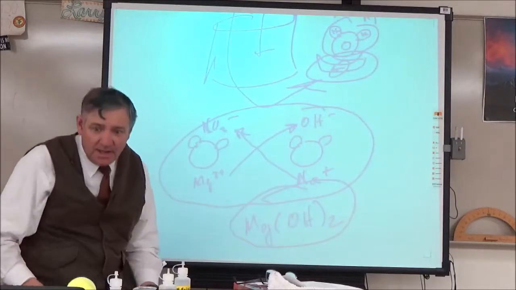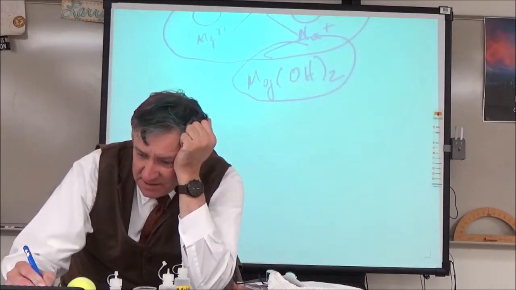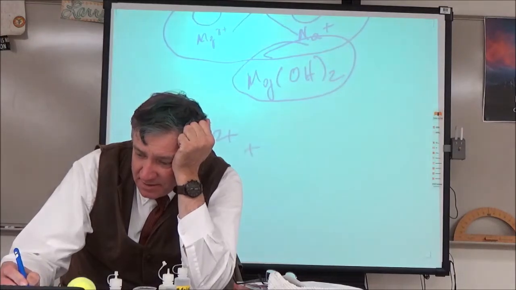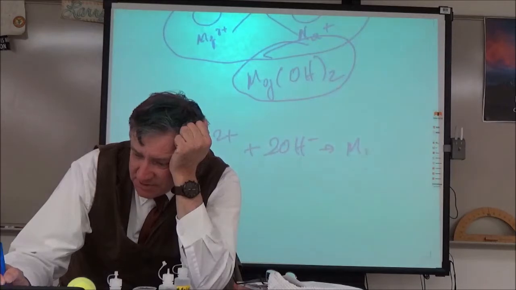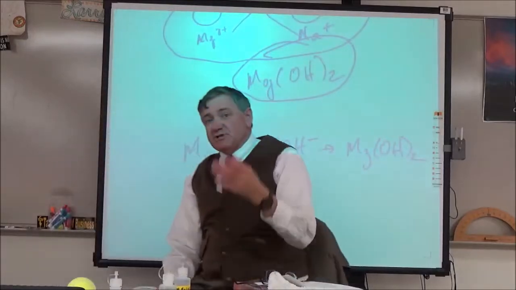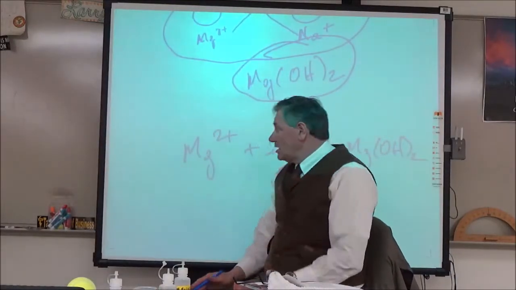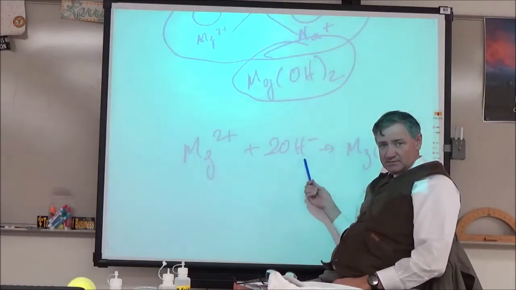So in the net ionic equation, you're going to have magnesium ions and 2 hydroxide ions forming Mg(OH)2. Because the net ionic equation shows you just the things that have changed. So you've got magnesium ions, you've got hydroxide ions.